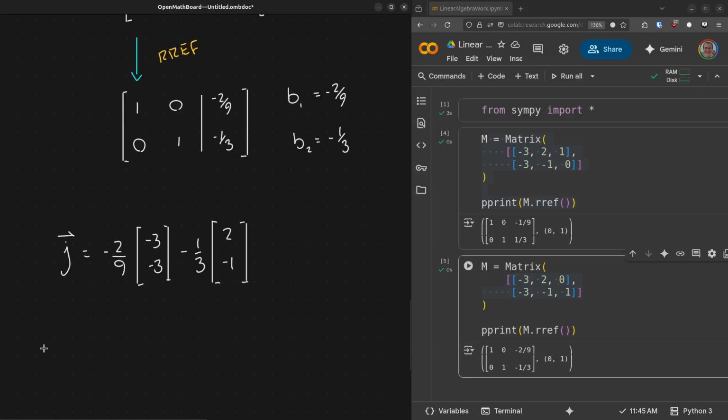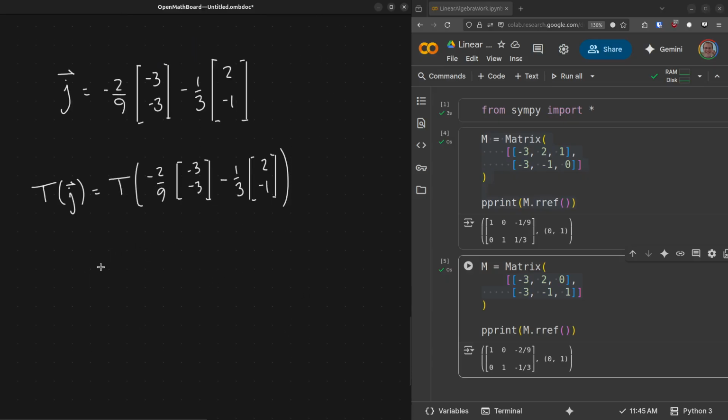So I want the transformation on j, which means I want the transformation on this linear combination. Because it's a linear transformation, I could split up the transformation over addition, pull out the scalars. Remember, linear combinations are preserved under linear transformations.